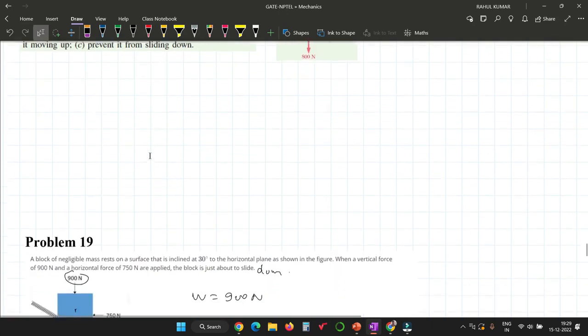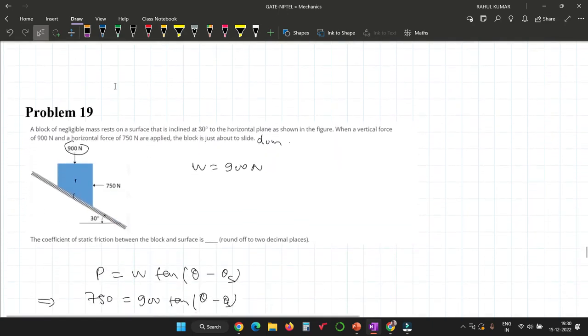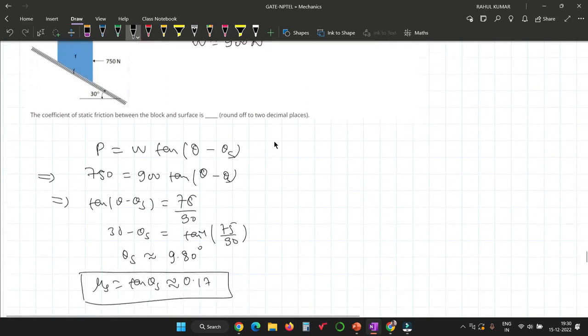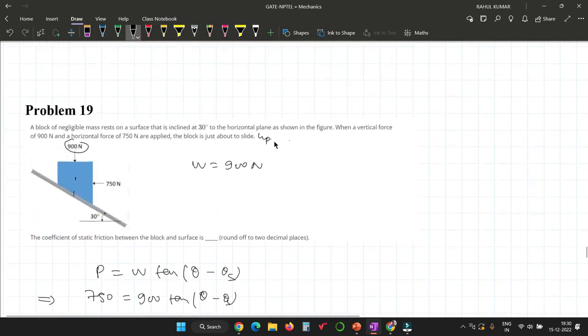Actually, this statement is ambiguous. If it says just about to slide up, then you will get the correct answer, right? Because it is not clearly saying whether the block wants to slide just up or just down.